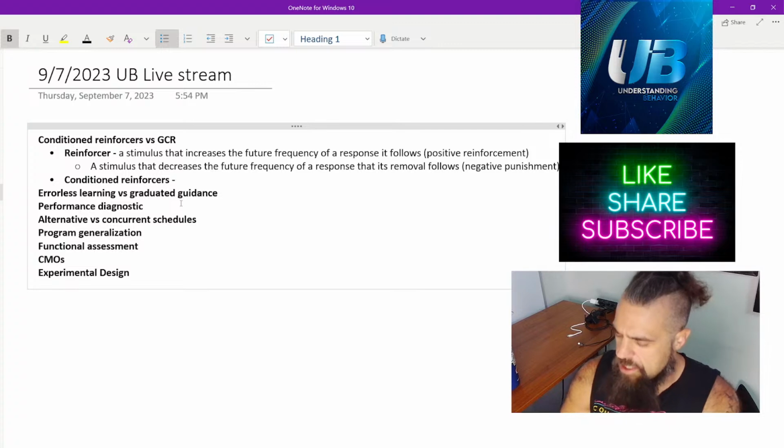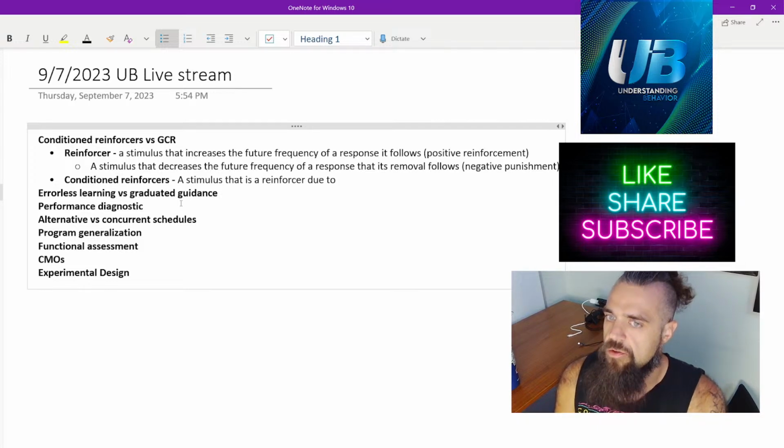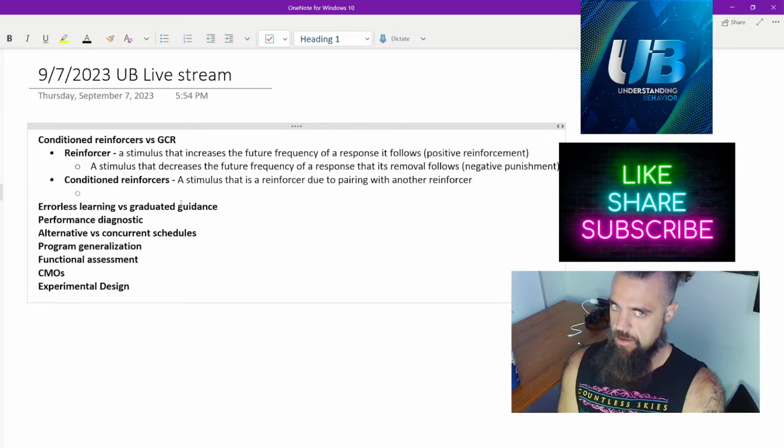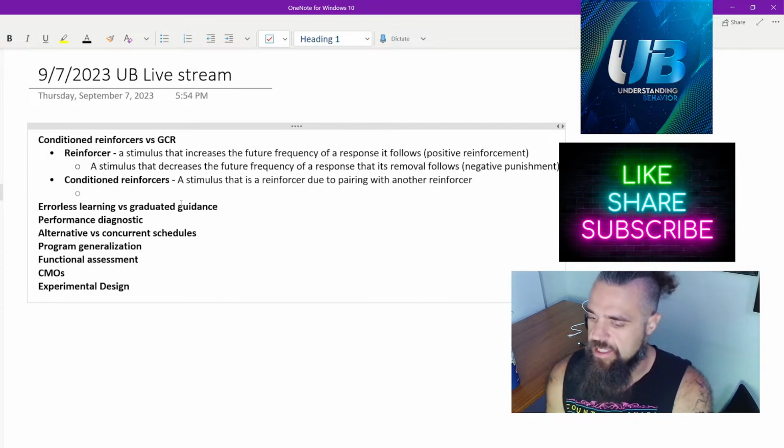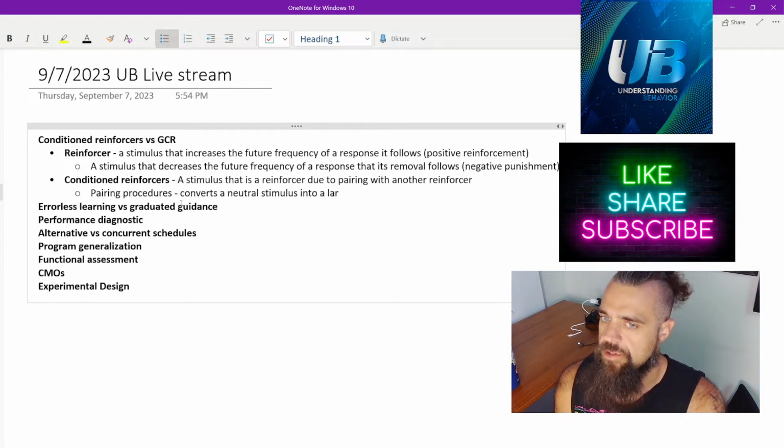And then conditioned reinforcers. So this is a stimulus that is a reinforcer due to pairing with another reinforcer. So the pairing procedure is what converts a neutral stimulus into a learned reinforcer.